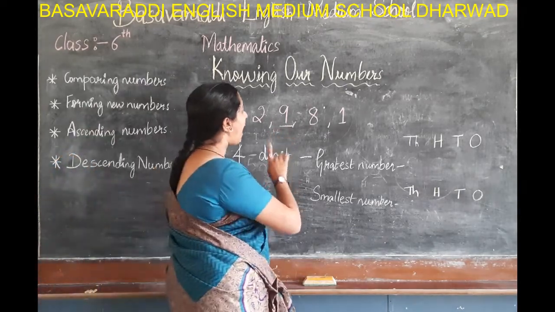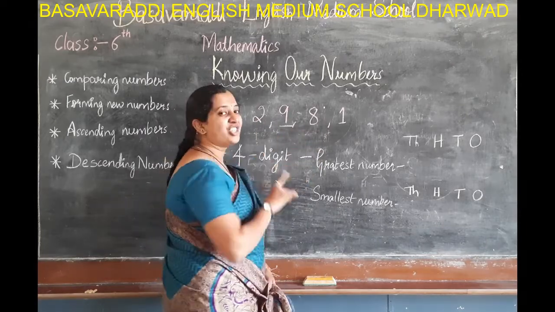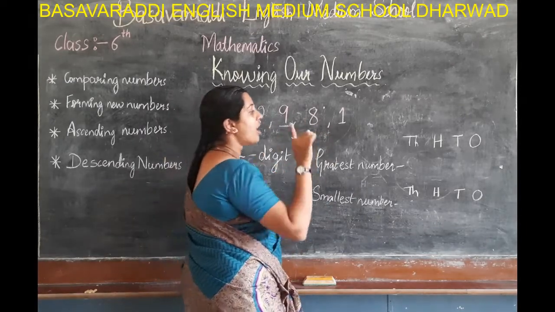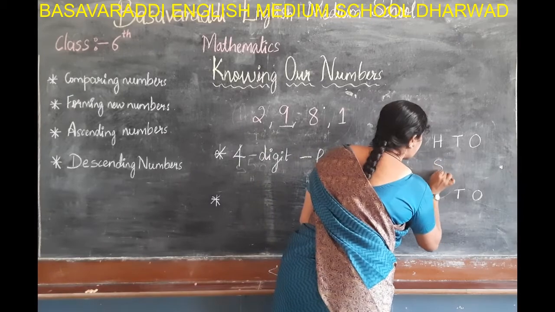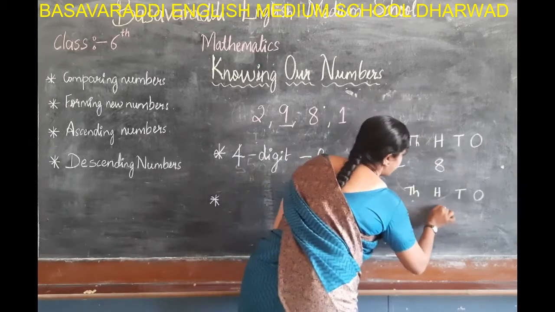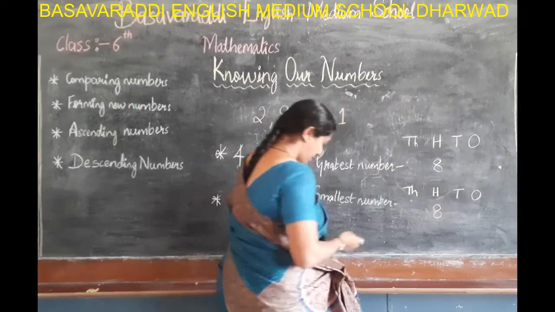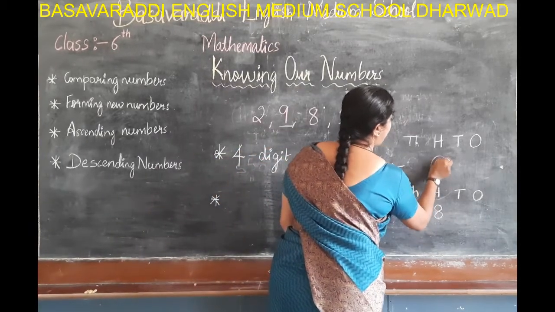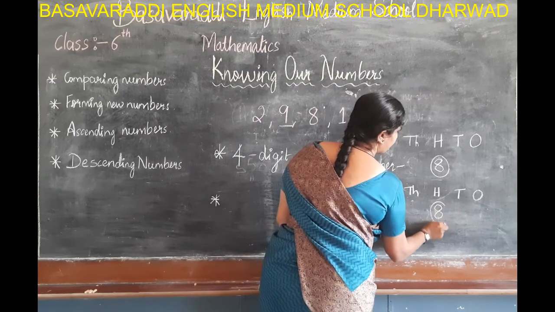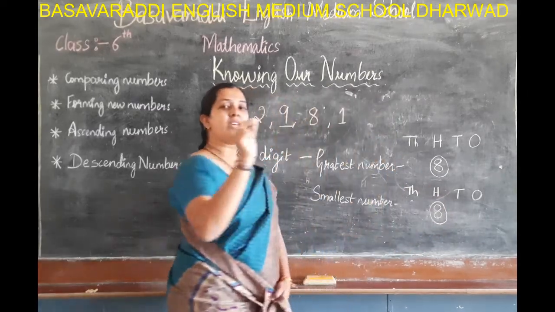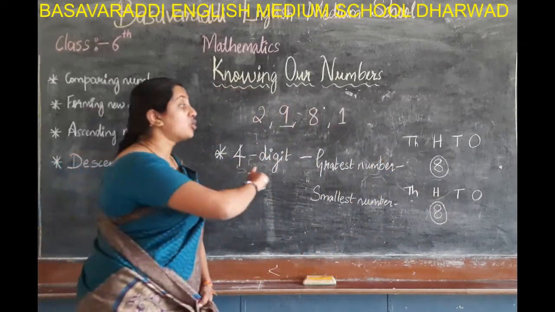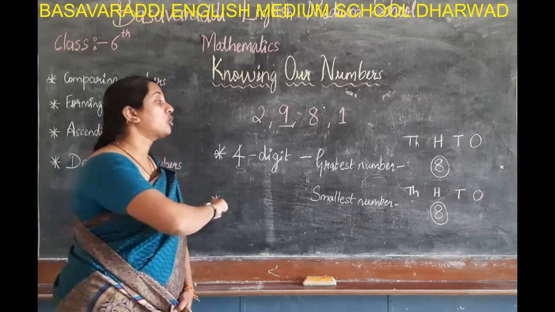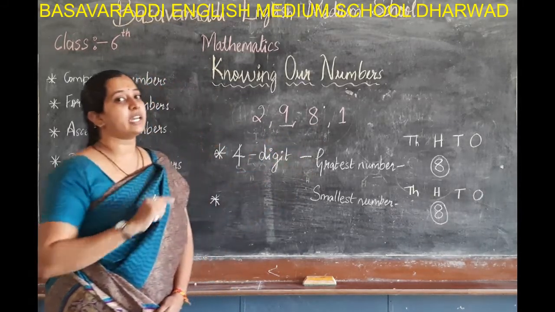I have to keep this digit 8 always in the hundreds place. It has to be always in the hundreds place. It should not be repeated and it should not be shifted to any other place.